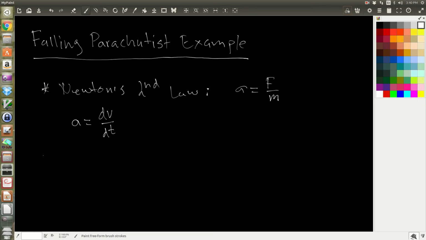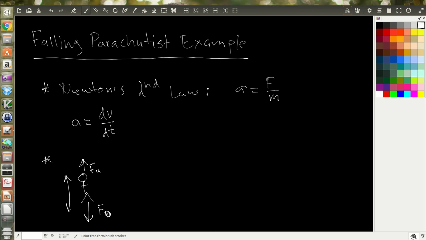So let's draw a little free body diagram here of a little parachutist. This is going to be the parachutist and his parachute. There's going to be some upward force on this parachutist, which I'm going to label F sub u for F upward, and some downward force, F sub d. Now I'm going to draw my coordinate system in here like this.